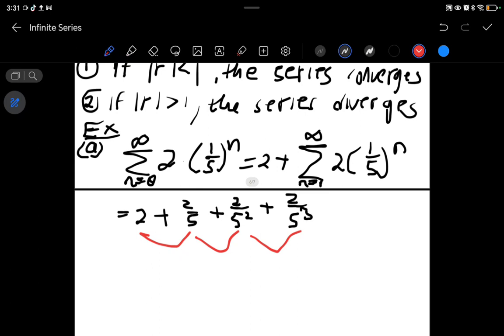I take 2 over 5, divide by 2, I get 1 over 5. We agree, right? Then I take 2 over 5 squared, divide by 2 over 5. I'll still get 1 over 5. And then I still do the same thing here with the third over squared, I get 1 over 5. So since these values now are the same, it means that this will be our r.